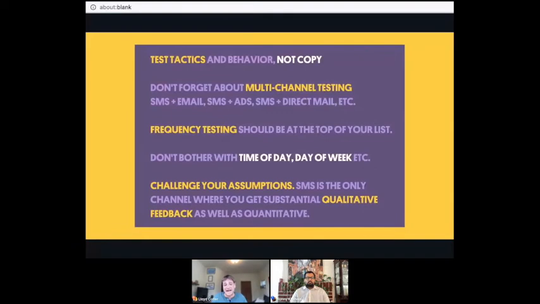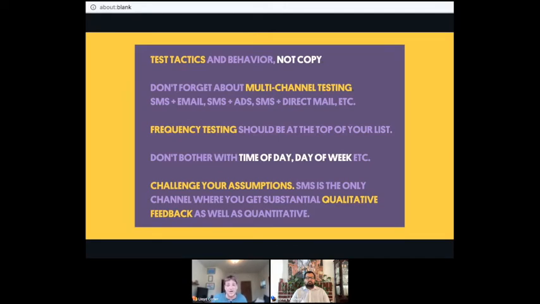Instead, think about testing tactics, right? Think about testing those direct mail primers or a primer, a chaser, a sandwich test, stuff like that. Think about testing online to offline behavior. All of those things are much more important than make a gift versus rush a gift, donate versus give, that kind of stuff. Those just don't matter as much.